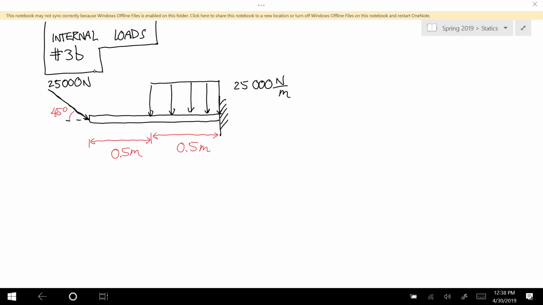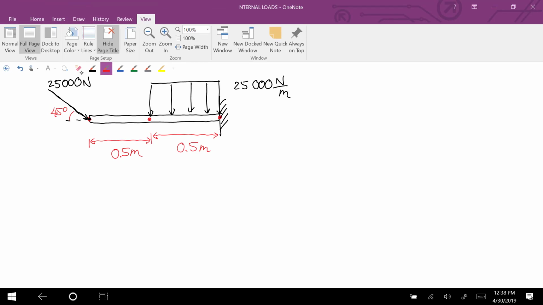When we're looking for the key points to analyze, there's the endpoints, and then right in the middle, the function defining the distributed load changes. So there are 3 of these key points, and that means we're going to do 3 minus 1 cuts.